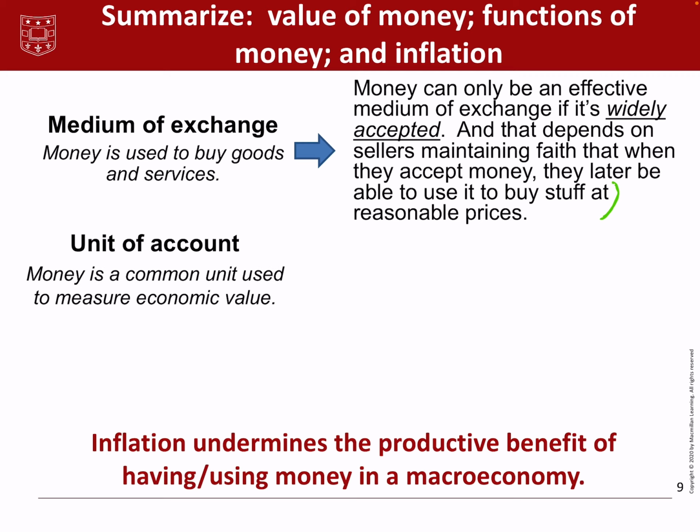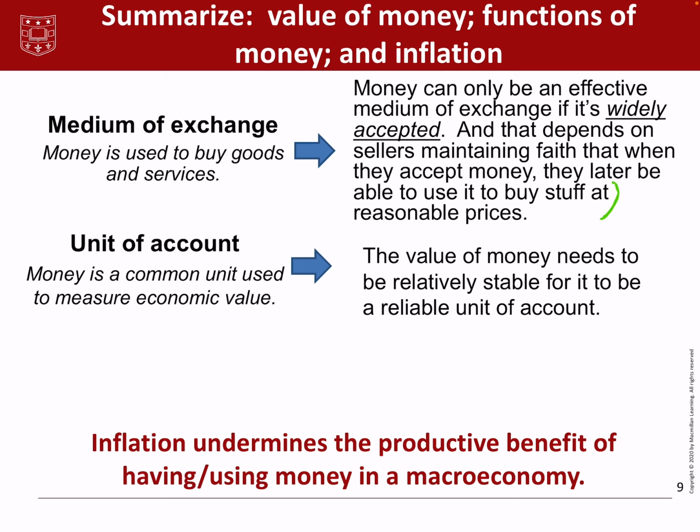Similarly, we talked about money serving the role of being a unit of account. The value of money needs to be relatively stable in order for it to be a reliable unit of account. If we think about a tape measure or a yardstick, that's useful to us because the increments in an inch and a foot and a yard aren't changing. But if prices are changing, then of course the value of money is changing.